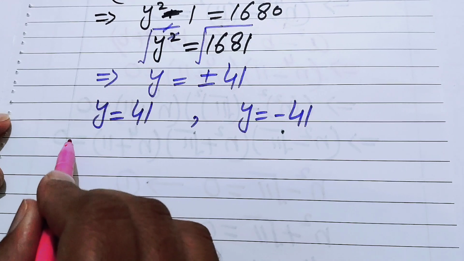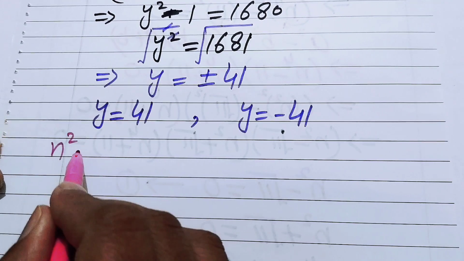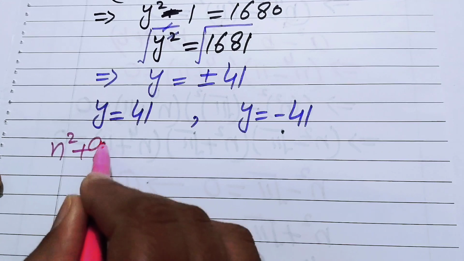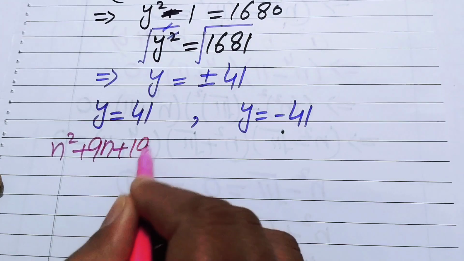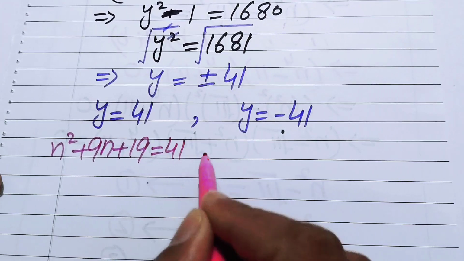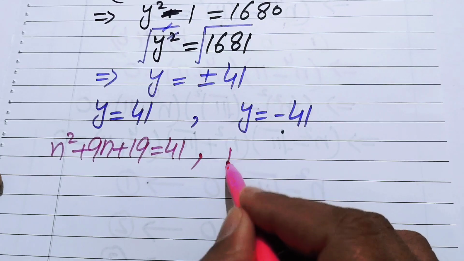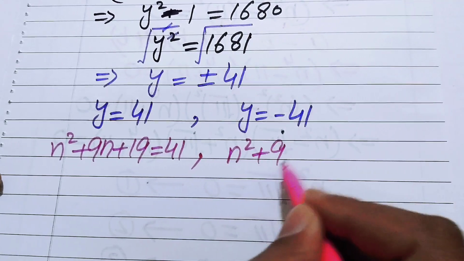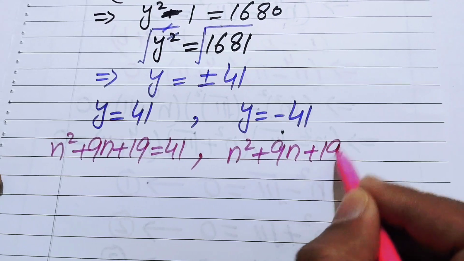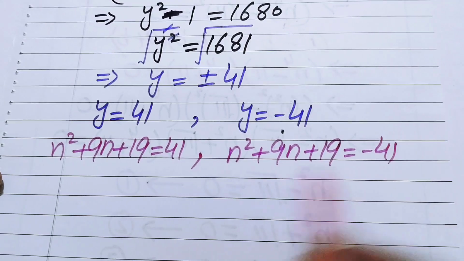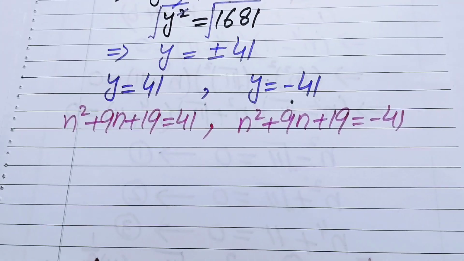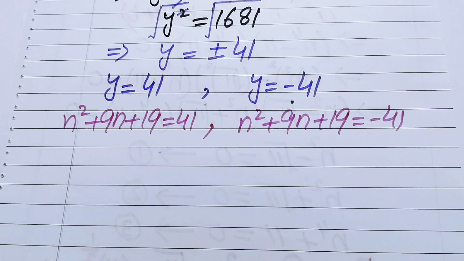We put the value of y, and you get n squared plus 9n plus 19 equals 41, and similarly, you get n squared plus 9n plus 19 equals negative 41. So now we can solve these two equations.